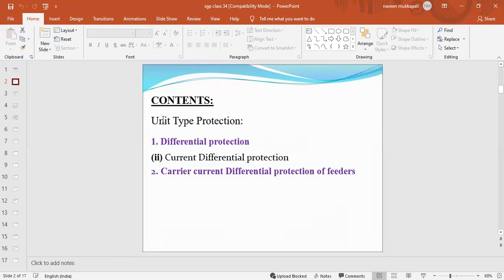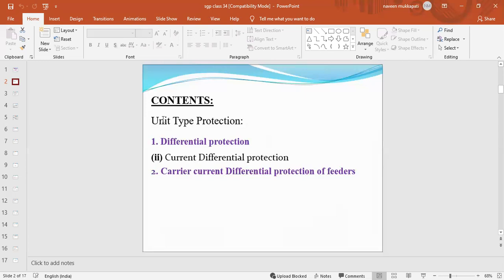Okay, next coming to the unit type of protection, in that we mainly have two types of protections. First one is the differential protection, second one is the carrier current differential protection. Again, in the differential protection, for easy understanding, we divide it into two types: the differential pilot wire protection and the current differential protection.